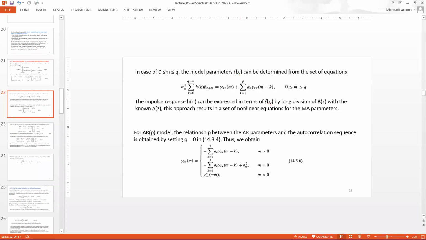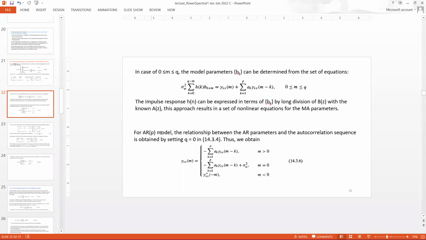From here we can solve the equation for bk by long division of Bz with known Az, so we can find the model parameters. Here we also have the impulse response h, and Bz; these two and known Az will give us the unknown bk model parameters. Again, these are for the ARMA model.